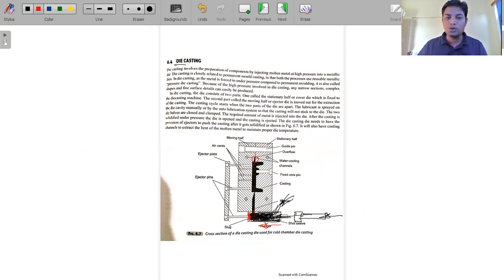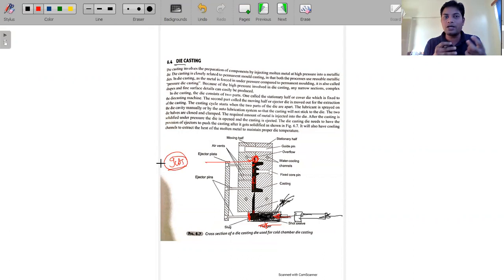Because when you fill the molten material, it will cool very fast. So as you apply the pressure, it should be distributed equally, that's why we are keeping these types of guts, okay. We are calling them guts, or gutters sometimes.